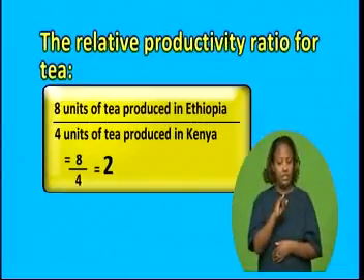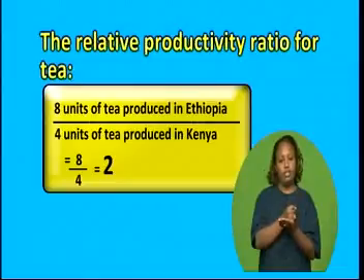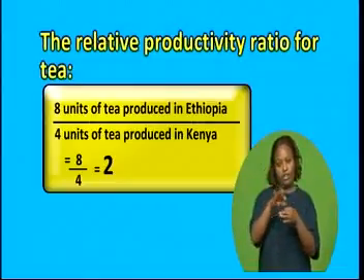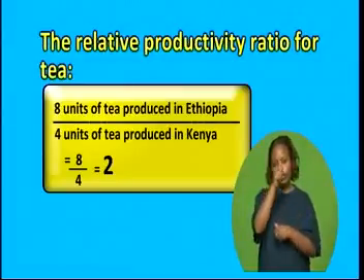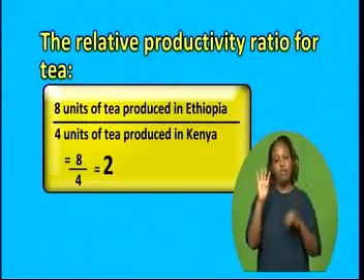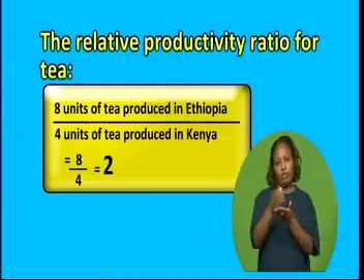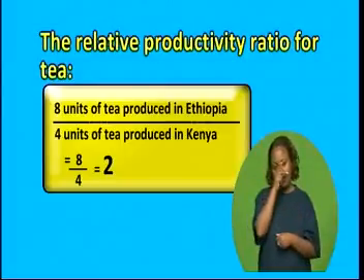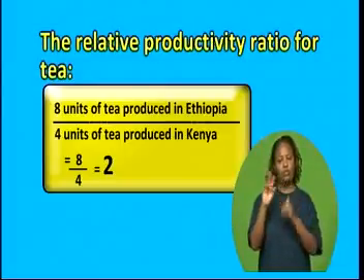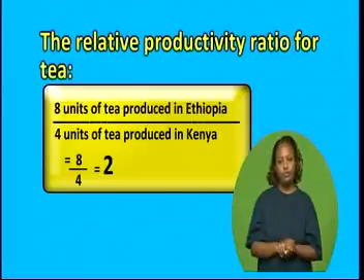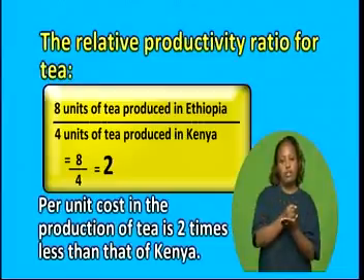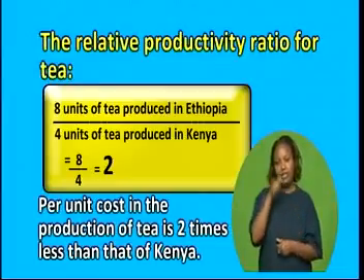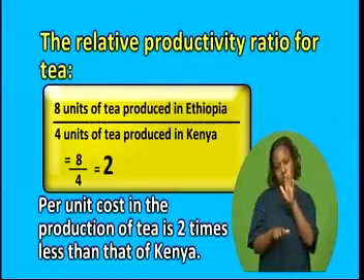That is, the relative productivity ratio for tea equals 8 units of tea produced in Ethiopia divided by 4 units of tea produced in Kenya. This equals 2. This means per unit cost in the production of tea in Ethiopia is 2 times less than that of Kenya.